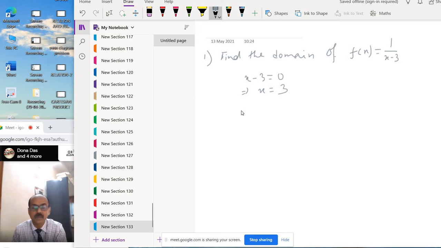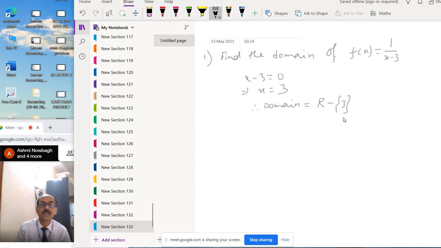So therefore domain equal to R, where R is the real numbers, so all values except 3.